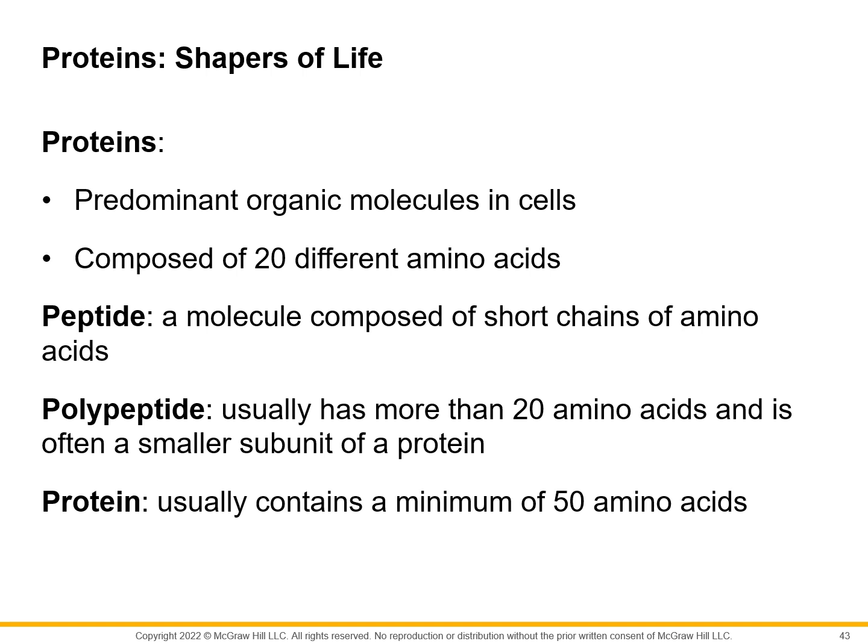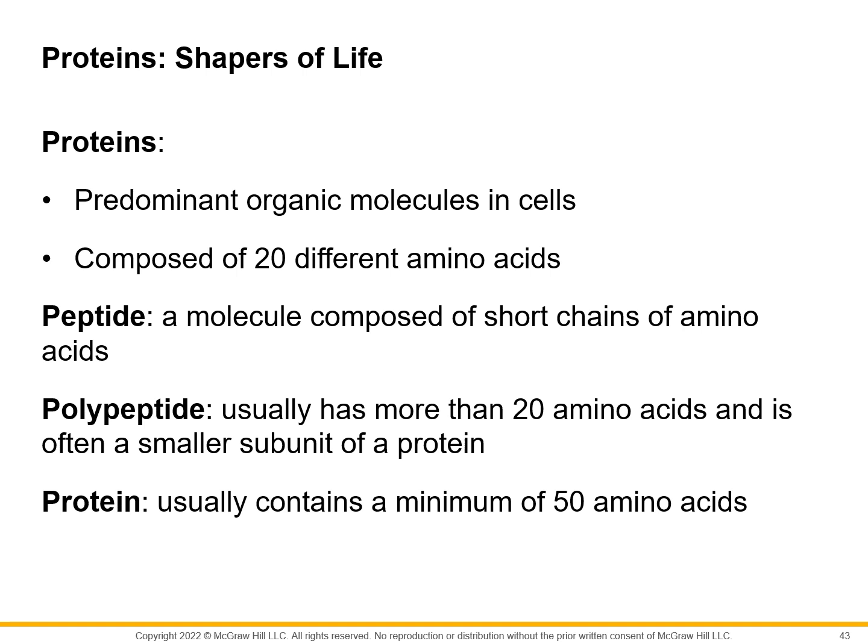The difference between proteins, peptides, and polypeptides is simply the number of amino acids. If you have just a couple amino acids stuck together, that is known as a peptide or a peptide chain. Now, polypeptide, the prefix poly we know means many. So if you have 20 amino acids stuck together, it is called a polypeptide or a polypeptide chain.